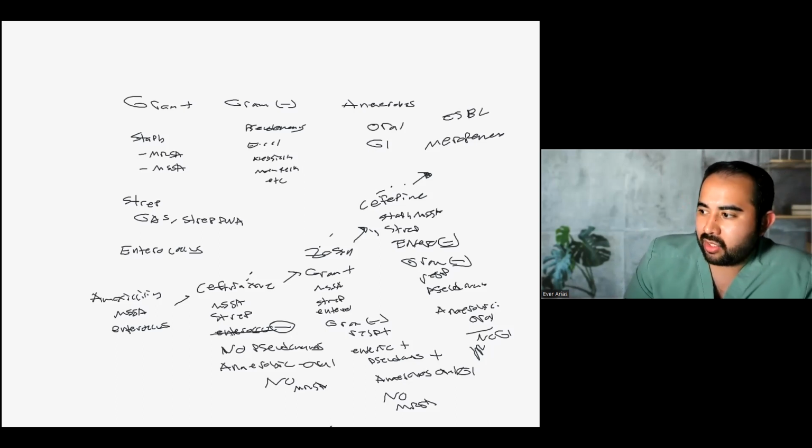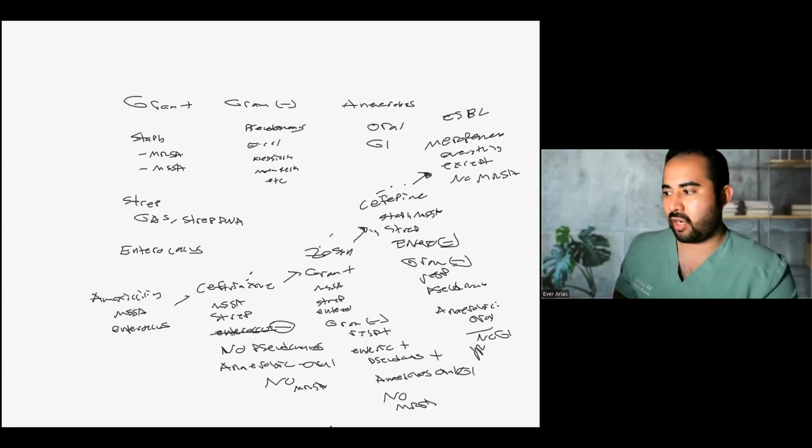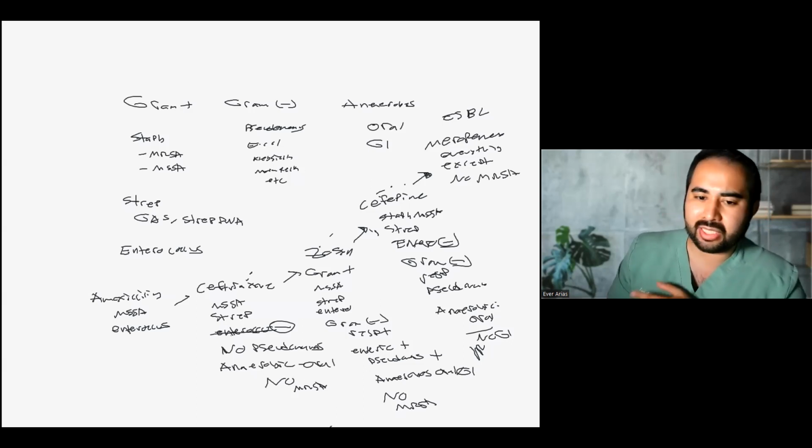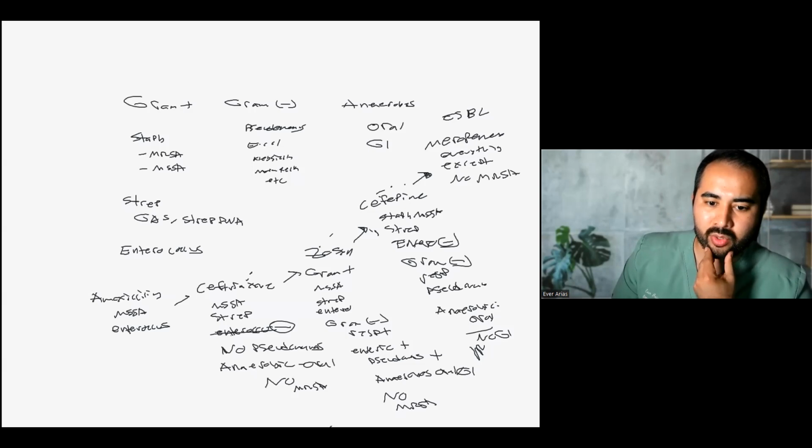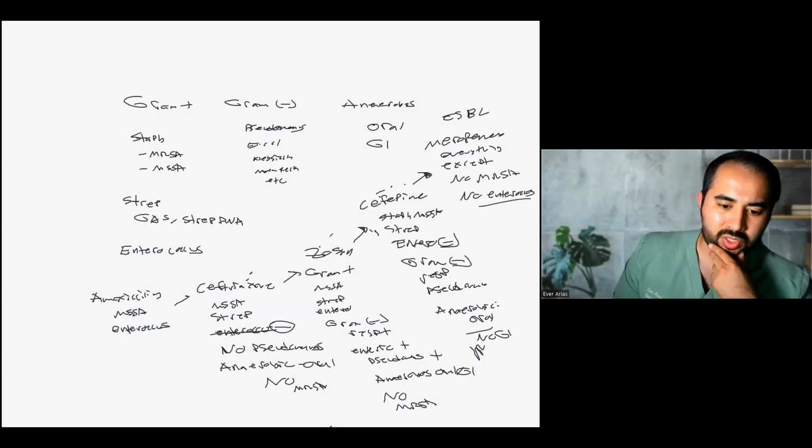So these are pretty strong antibiotics. They cover everything, as you can imagine, except MRSA and Enterococcus. So really the big thing you have to understand is that meropenem doesn't cover Enterococcus.